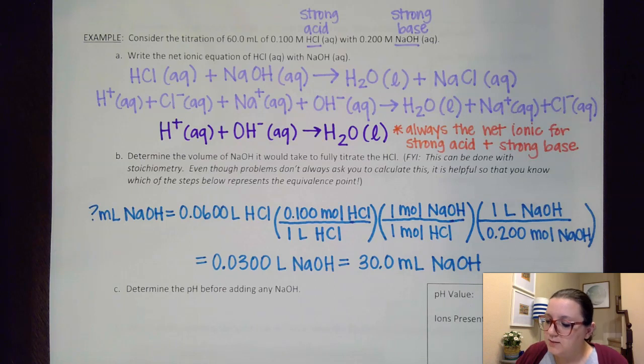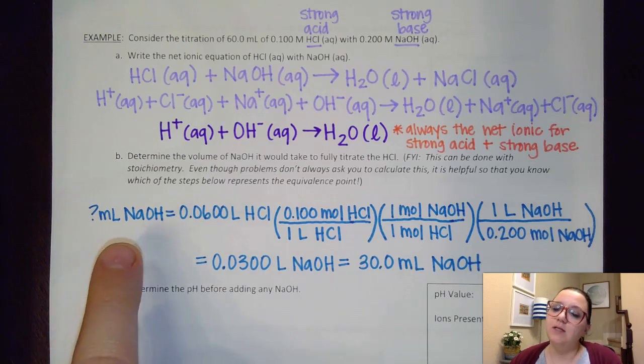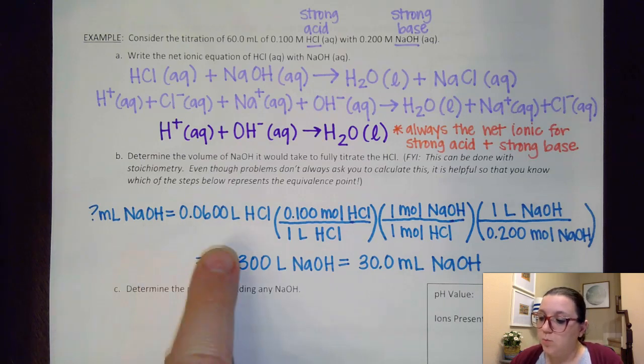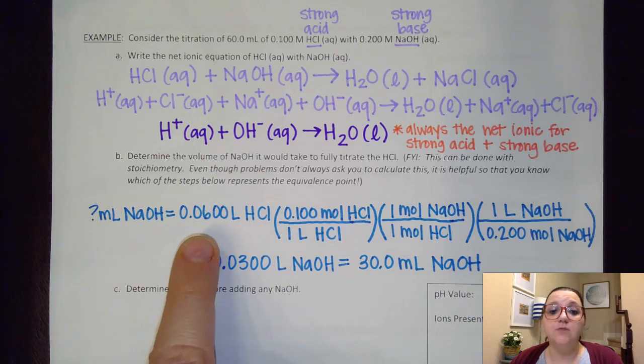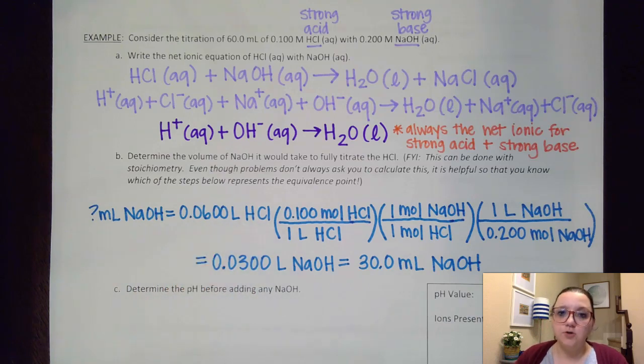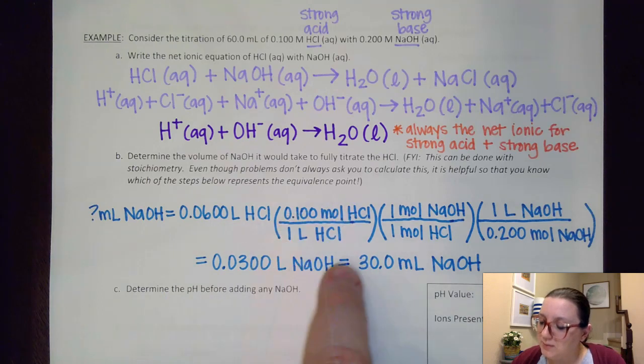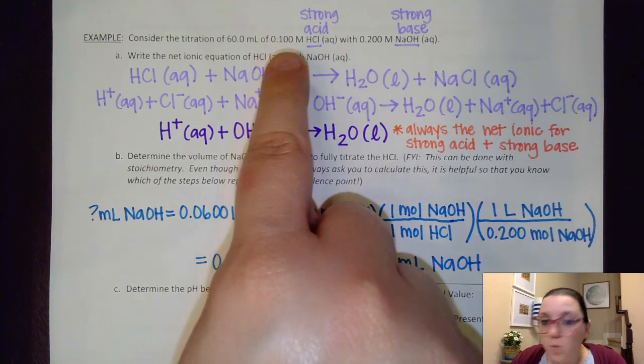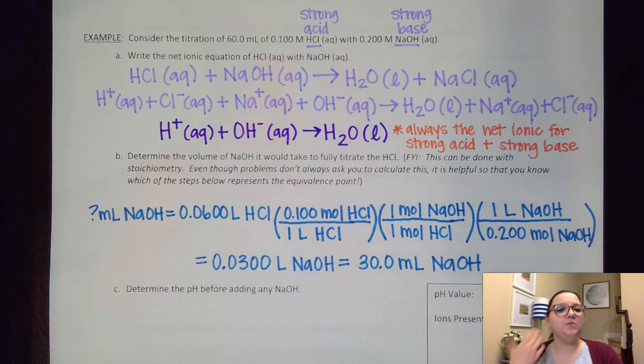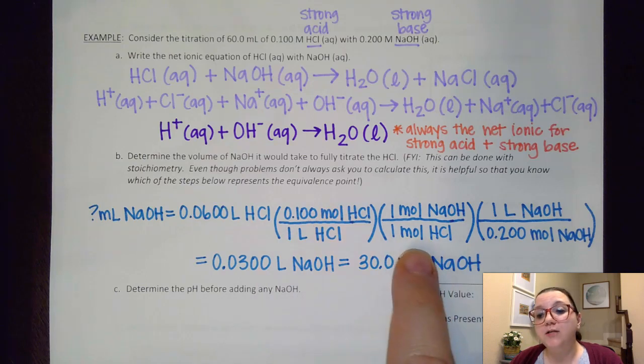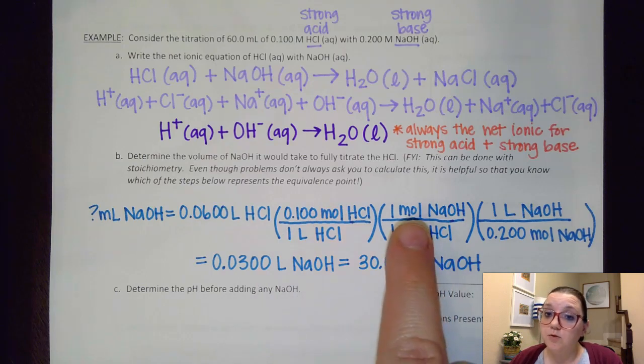And so what I did here is I said, well, hey, how many milliliters of NaOH would equal 0.06 liters of HCl? I converted my hydrochloric volume into liters. I then used my molarity here, the 0.1 molar, to say, hey, if it's 0.1 molar, that's 0.1 moles for every 1 liter of HCl. So I used the molarity as a conversion factor. I then said, hey, for every 1 mole of HCl, we need 1 mole of NaOH.